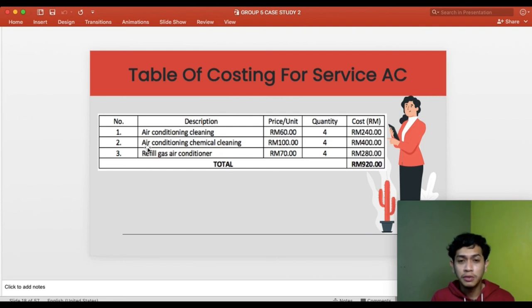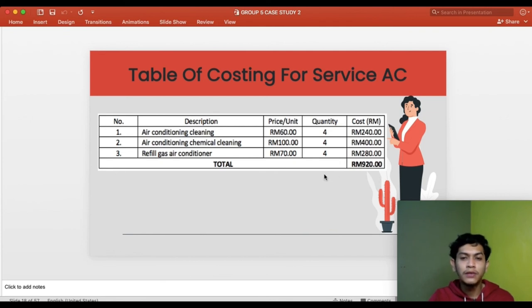So we use the chemical cleaning. So one unit is 100, and the quantity is 4, so the total is 400. The last one is we must refill the gas of the air conditioner. So for one aircon, refilling gas is 70, so we times 4, so the total is 280.